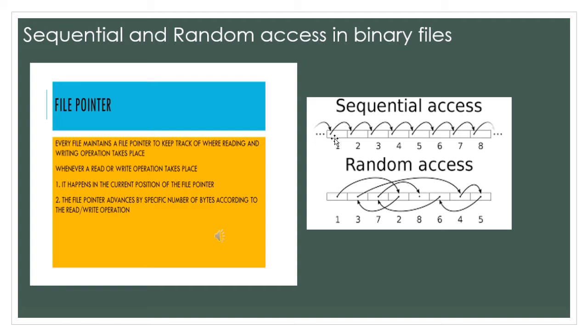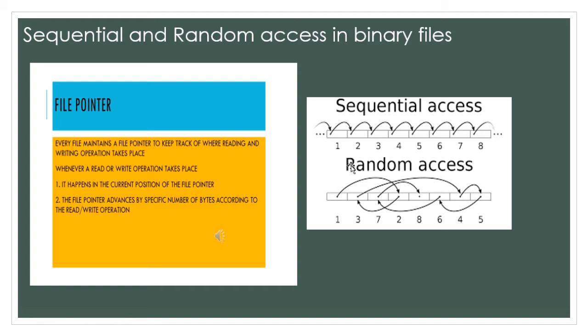From there, if we are reading 5 bytes, starting from the 0th byte, 5 bytes will be read and the position of the pointer will be 5. Again from 5 we can read another 10 bytes and so on. So that is called sequential access of files.